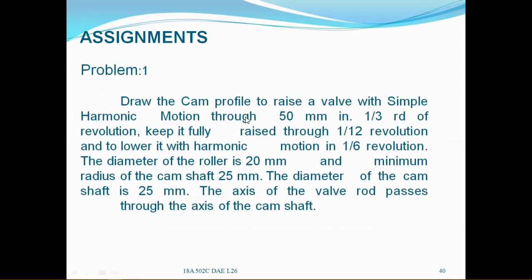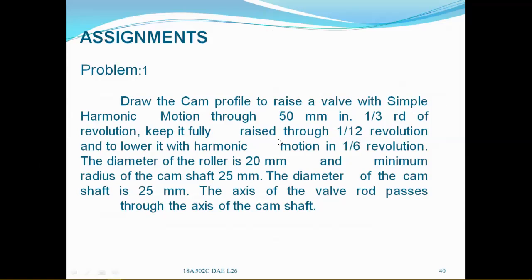Some assignments are there. Problem 1: draw the cam profile to raise a valve with simple harmonic motion through 50 mm, that means the outstroke, that is the lift or stroke of the follower, in 1/3 of a revolution, that is 1/3 into 360, which is 120 degrees.